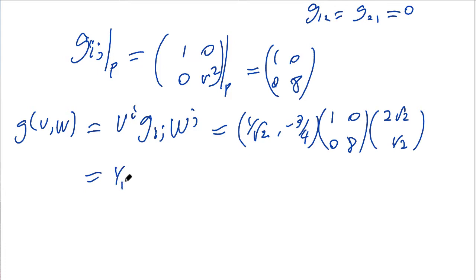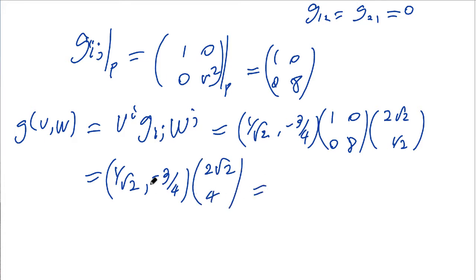Let me repeat the first factor, and then 1 times 2 square root of 2 is just 2 square root of 2, and 8 times 1/2 is 4. Carrying this out, 1 over square root of 2 times 2 square root of 2 is just 2. And here we have minus 3/4 times 4, that's minus 3. So the answer for the dot product is minus 1.